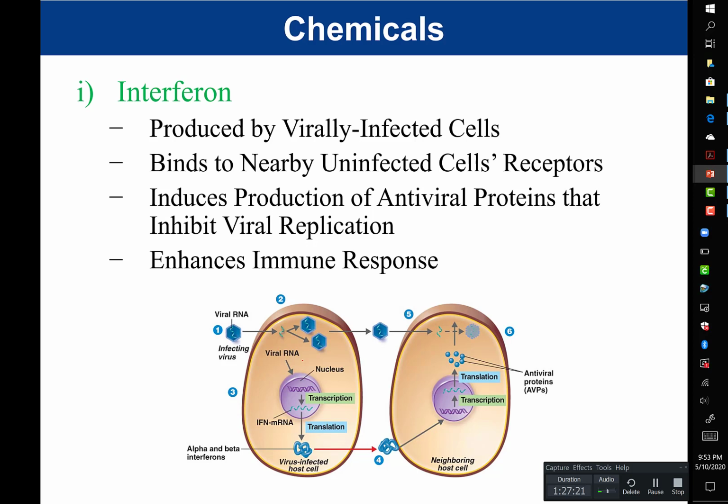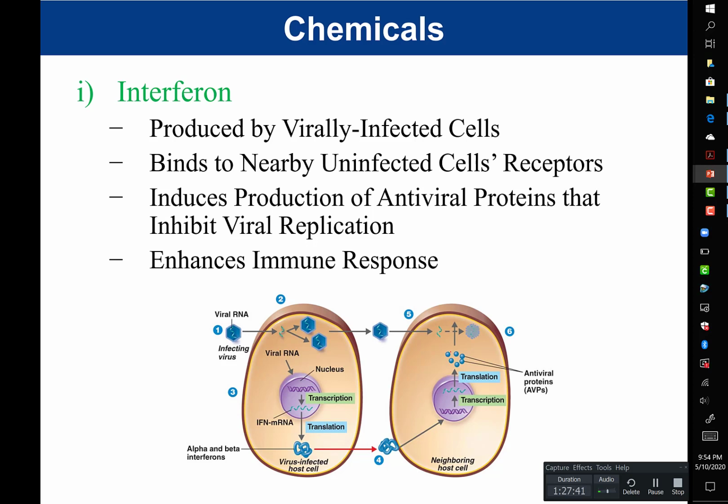So it's going to go into a cell that is adjacent to the already infected cell. And what that does is that signals this uninfected cell, the one that has not yet been infected, to turn on transcription of antiviral proteins.